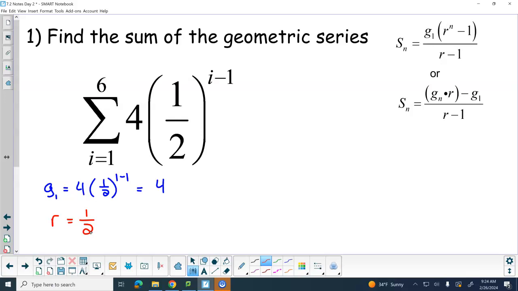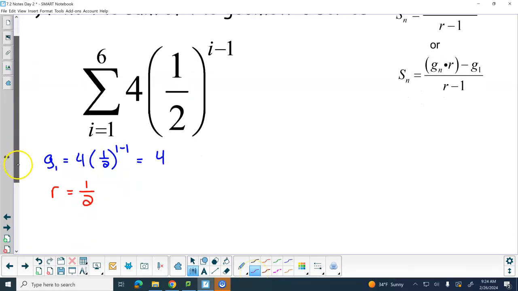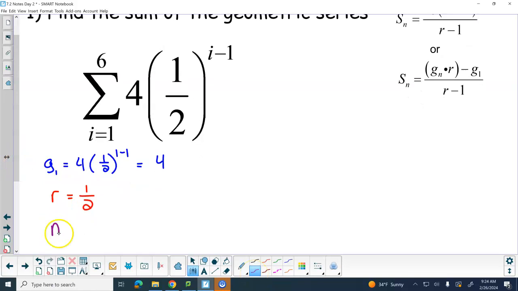To find the last term, take the top number, plug it into the rule, find it. Total number of terms is easier. 9 times out of 10, the total number of terms is going to be easier because it's just the top number minus the bottom number plus 1. There are 6 total terms.